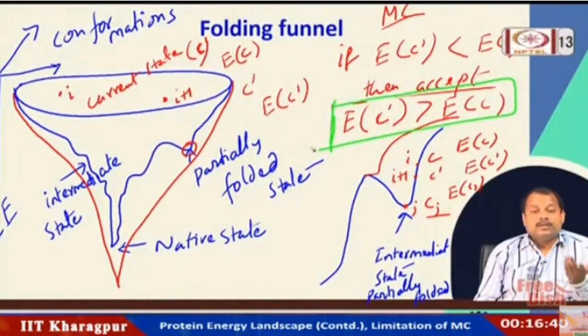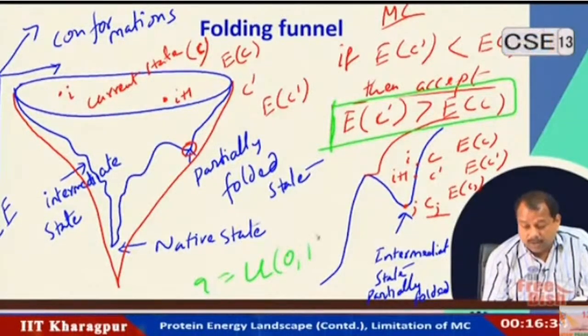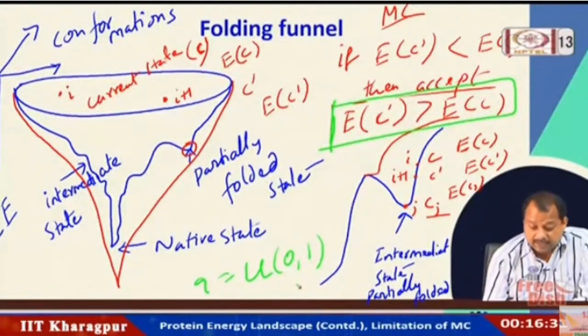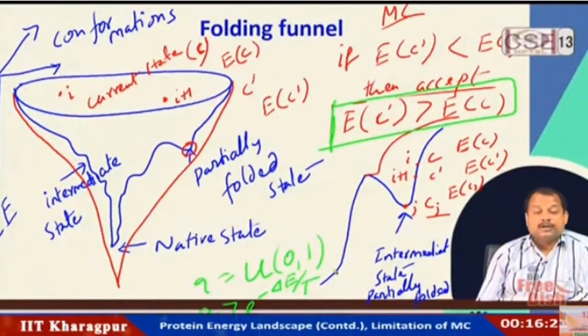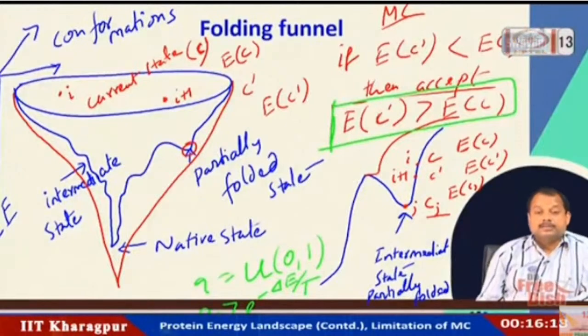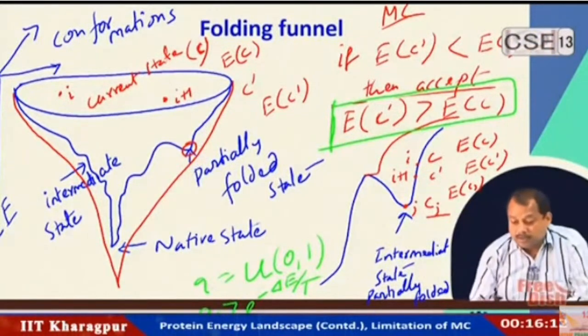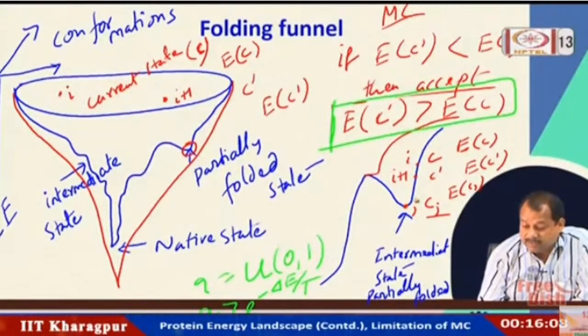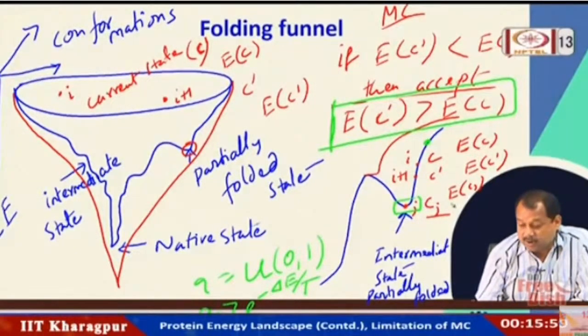Sometimes means how many times? For that I have generated one random number q equals U(0,1). If q is greater than e to the power minus delta E by T, where T is the Boltzmann temperature and delta E is the difference between these two energies, then I will accept, otherwise I will not accept. That way I am ensuring that even if I reach this position, I may take some region here as accepted, and if I accept that one, then my energy is not E of C J now, it will be here.